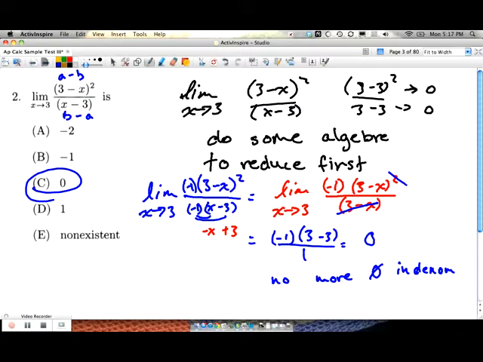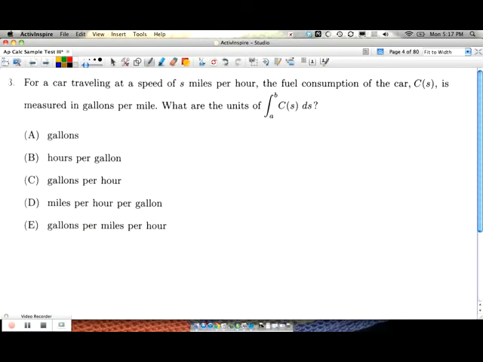Let's look at number 3. This one's talking specifically about units. It says, for a car traveling at a speed s miles per hour, the fuel consumption of the car C(s) is measured in gallons per mile. What are the units of the integral of this? Sometimes it's hard to think back on specifically how units change.